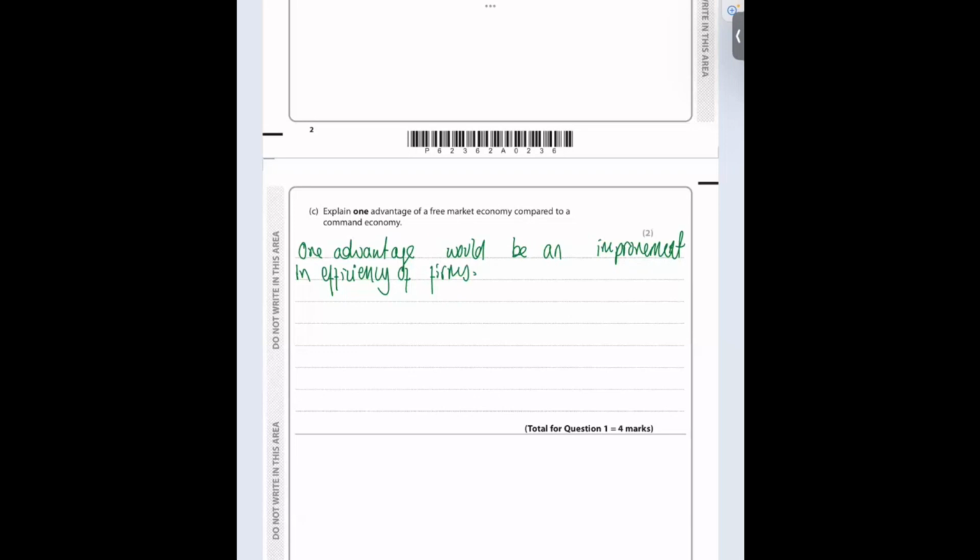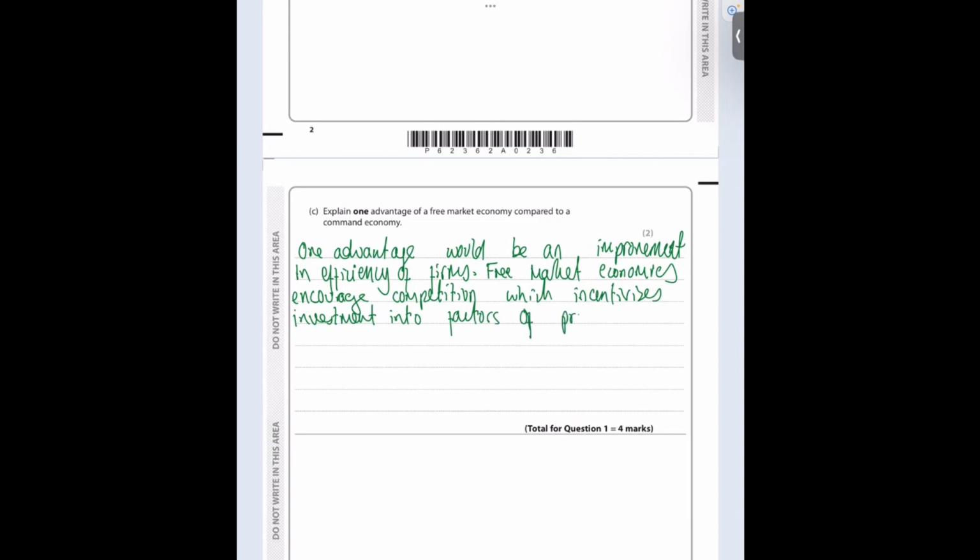So free market economies encourage competition, which incentivizes investment, e.g., in capital.